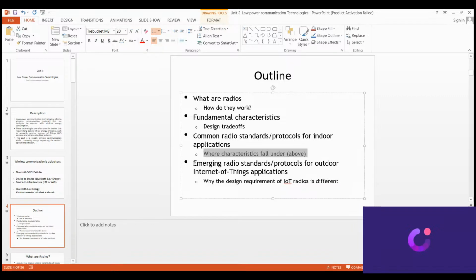Then the emerging radio standard protocols for outdoor Internet of Things applications.